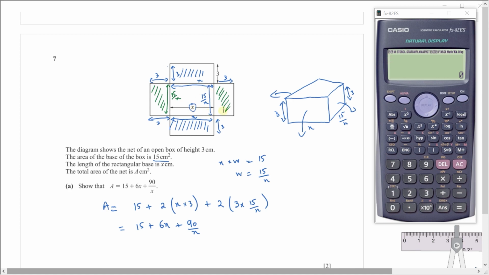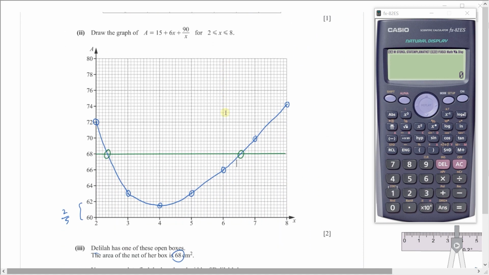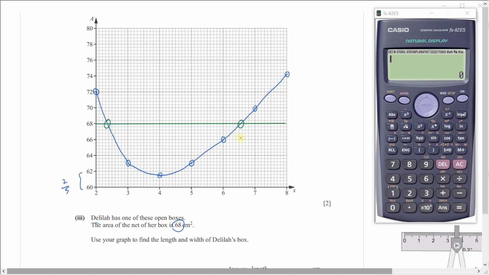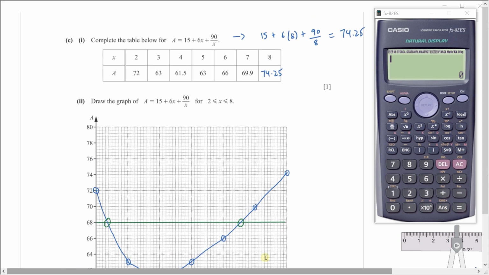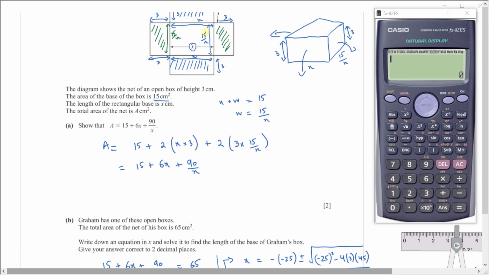So length is greater than the width. So length here is 6.5, 6.6. So it's in the middle of 6.5 and 6.6. So I can take it as 6.55 centimeter.